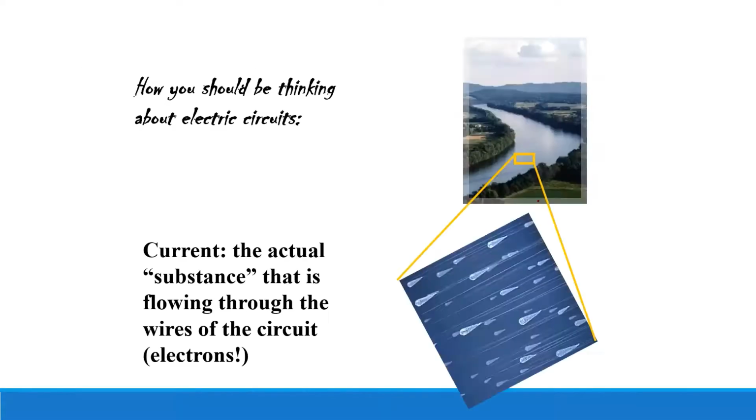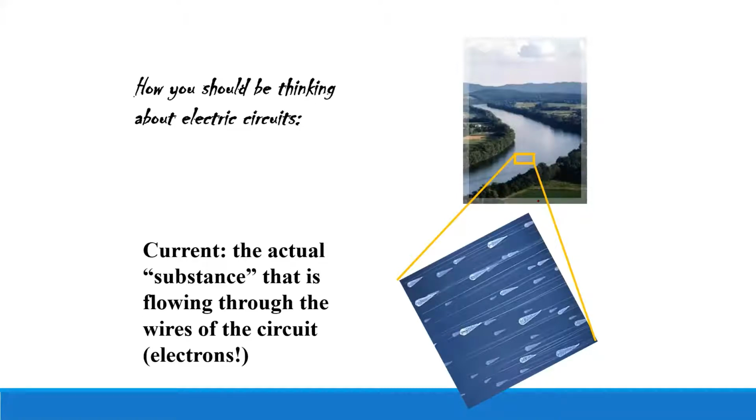I've said this multiple times, that the current is the flow of the actual electrons, like the flow of a river. When you think about electric circuits, the current is the actual substance flowing through the wires, the electrons. We're talking about how many of these water droplets are going down the river, how many of these charges are moving through the wire at a particular time.